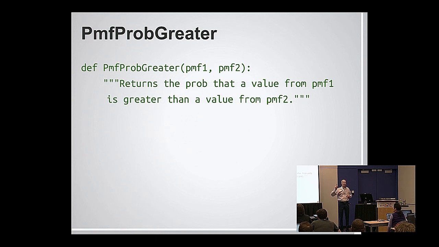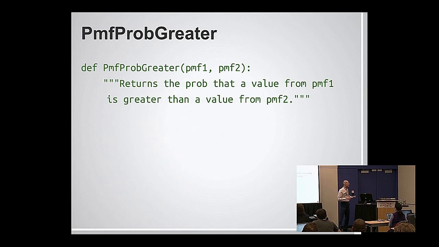So you could run 1,000 times. 1,000 is a good number. Draw a random value from each PMF, and remember that there's a capital R random method that draws random values from PMFs with the correct probabilities. And just count how many times out of 1,000 a random value from this exceeds a random value from this. So that's one option.